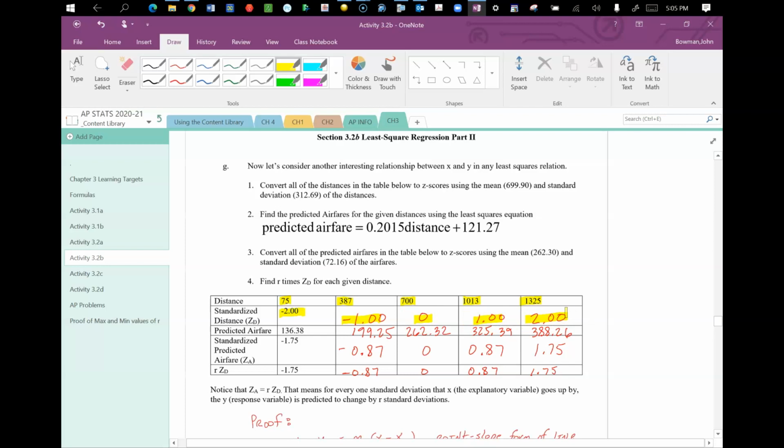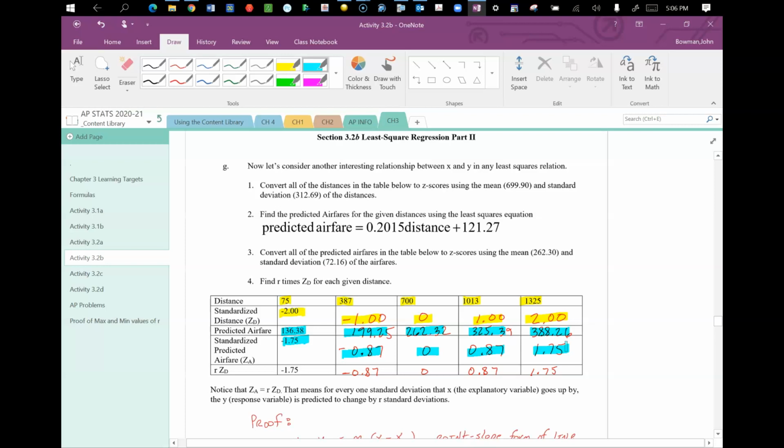So basically that's telling us how many standard deviations above or below the mean distance those values are. Now if you look at the corresponding predicted airfares, there might not seem to be much of a pattern there, but when we look at their corresponding z-scores: -1.75, -0.87, 0, 0.87, and 1.75.